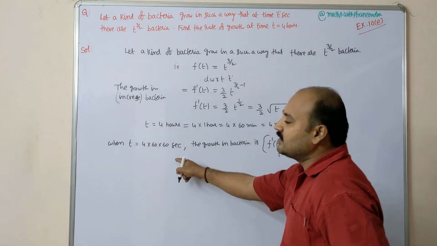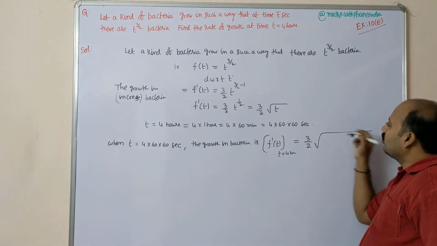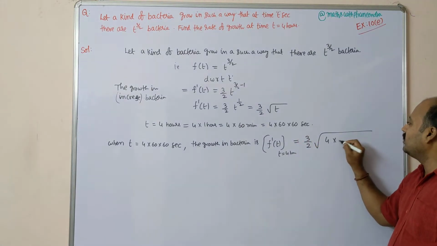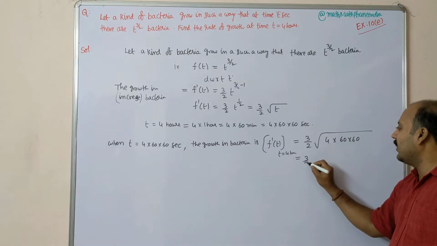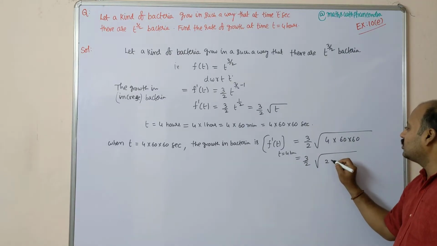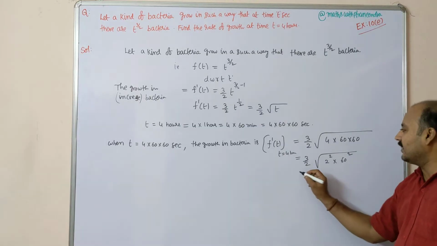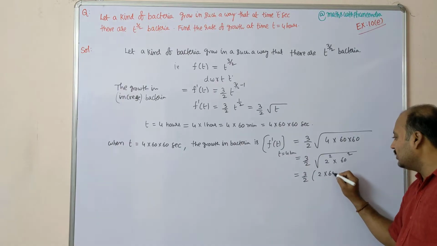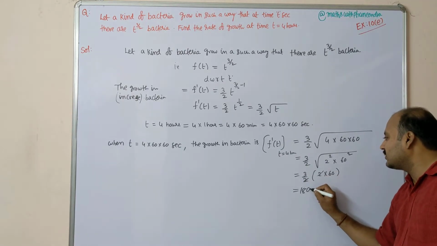That is equal to 3 by 2 into square root of, in place of t, we have to write it, dear students, 4 into 60 into 60. So we can write it as 3 by 2, 4 means 2 square, 60 whole square. So root and square cancel, we will get 3 by 2 into 2 into 60. So 2 gets cancelled, 3 into 60 is 180 seconds.